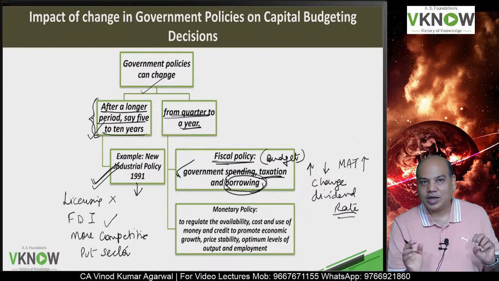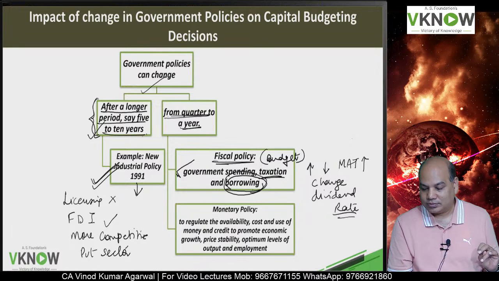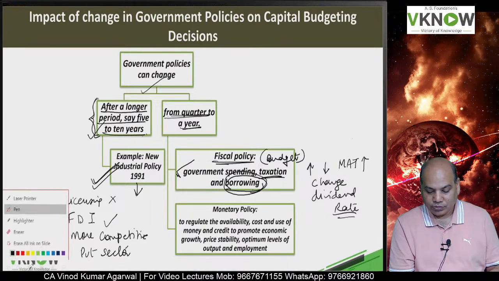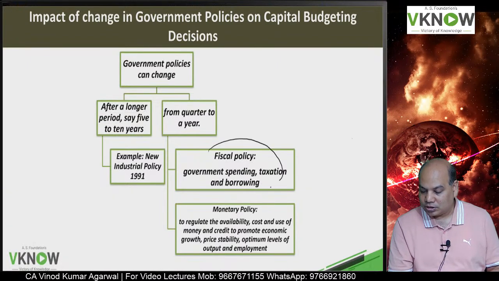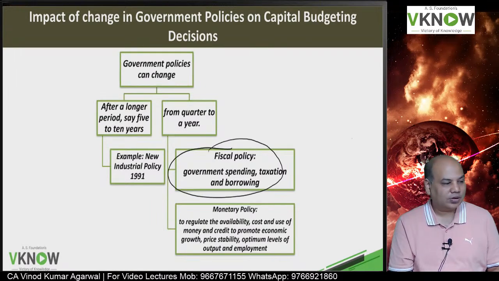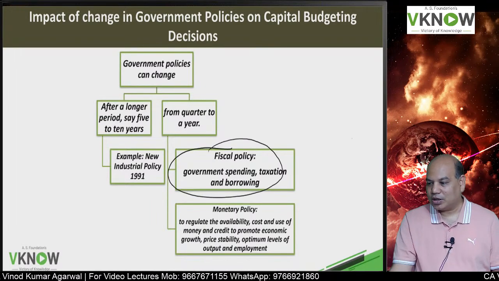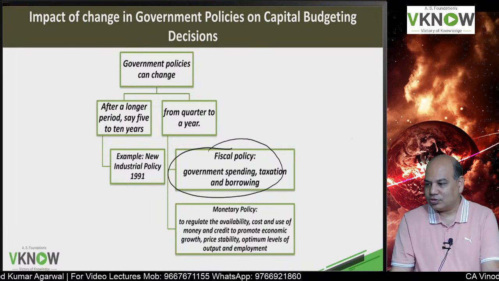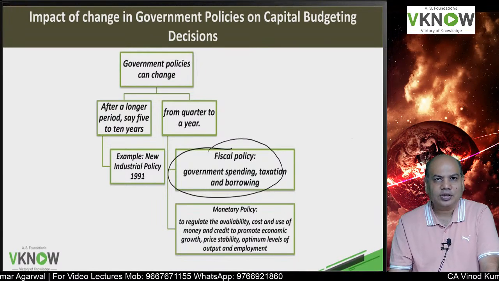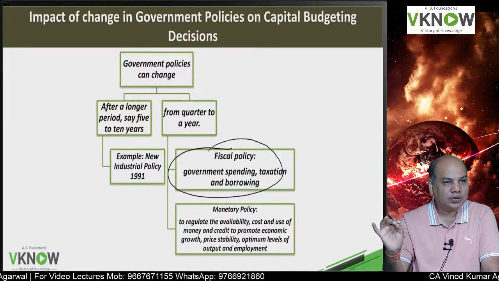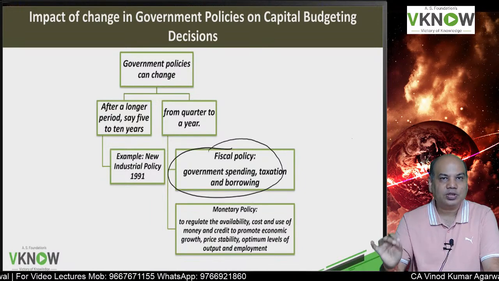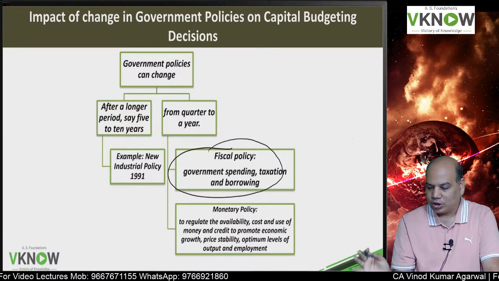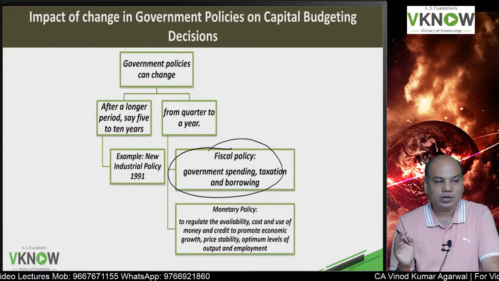So therefore their capital budgeting will get affected. That is fiscal policy. More about fiscal policy, refer to your economics old books if you have kept them. Unless you have sold them, you can refer to them. Not required, you just have to mention that government expenditure policy, tax policy, borrowing policy can affect capital budgeting decisions.